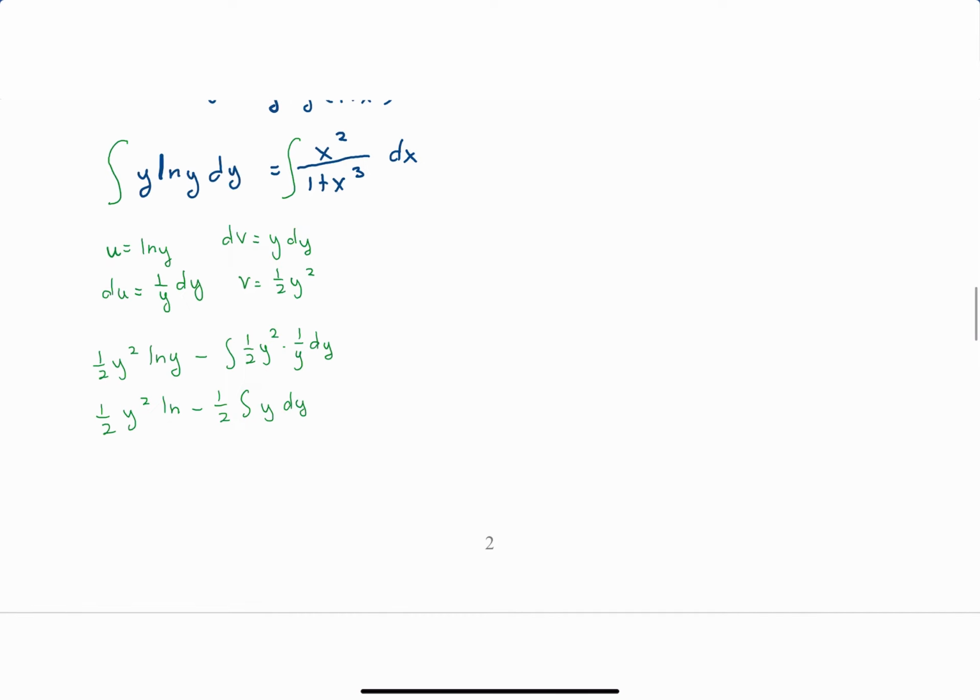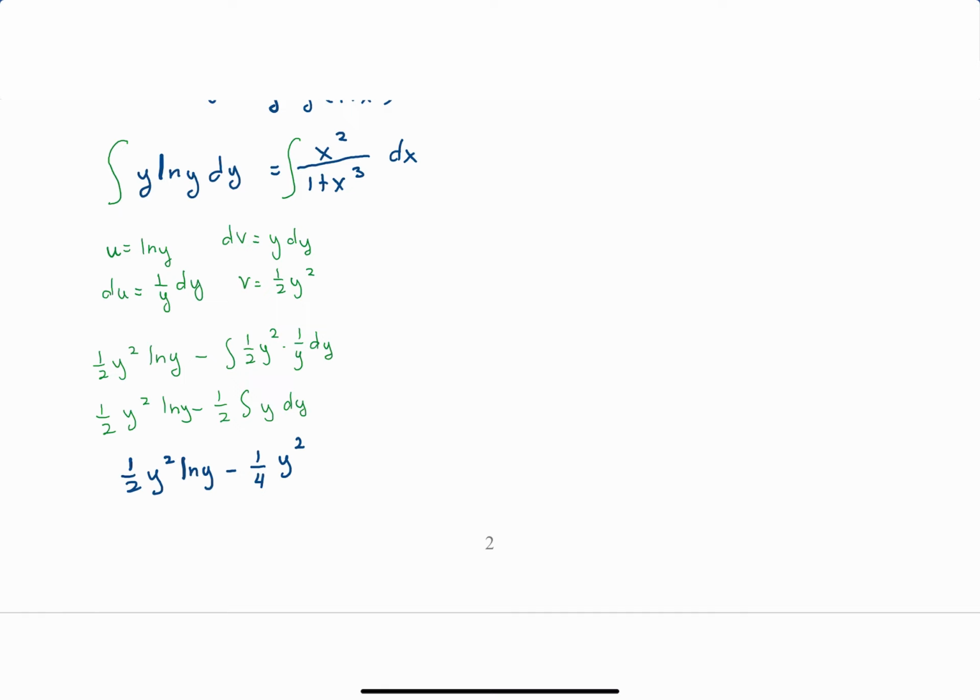So what I'm getting there is 1/2 y squared ln of y minus 1/2 times 1/2, which is 1/4 y squared. I'm not going to put a plus c because we're saving that for the other side.